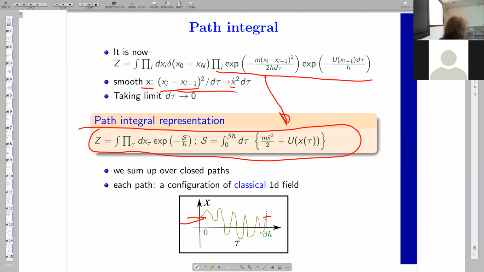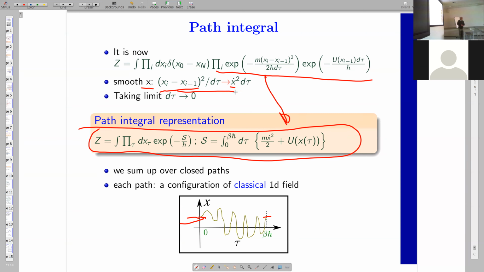Okay, do you recognize something in this expression? It looks again a little bit like Schrödinger, like kinetic energy plus potential energy. That's right, it's kinetic energy. If you recall that time is imaginary, you would have it with a minus sign.